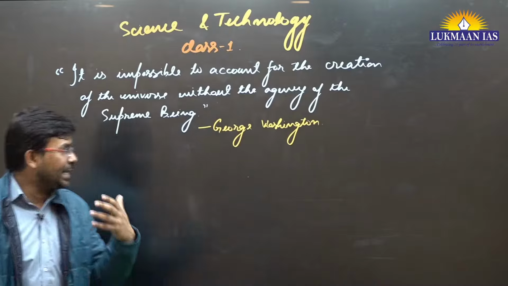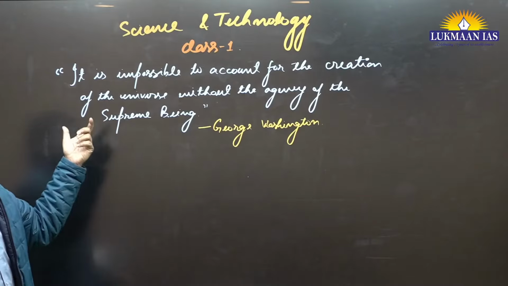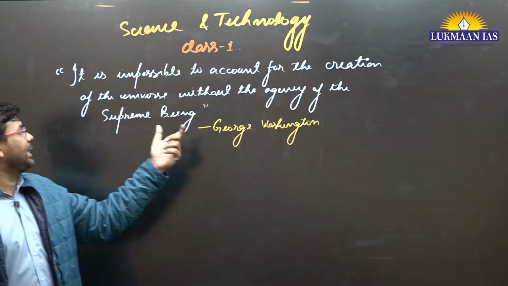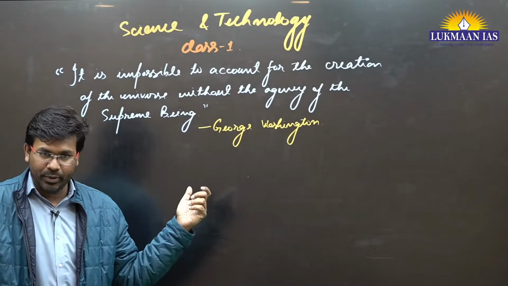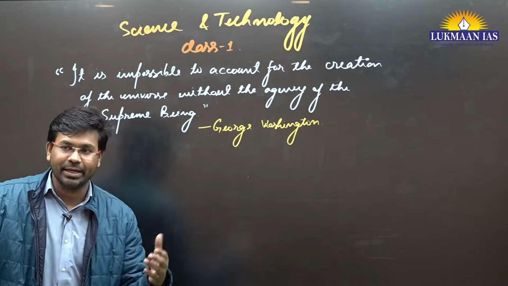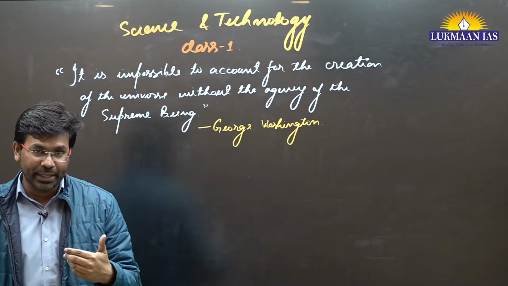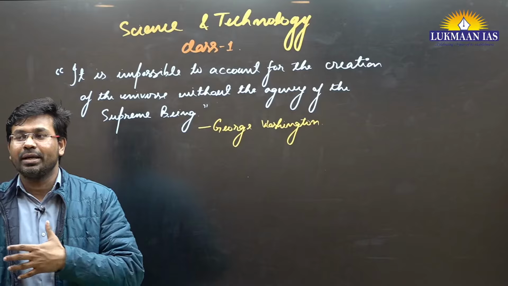So first of all, write the quotation, which says: it is impossible to account for the creation of the universe without the agency of the supreme being. Long back, the politicians in different countries used to make such statements.